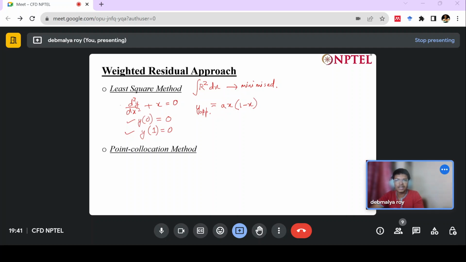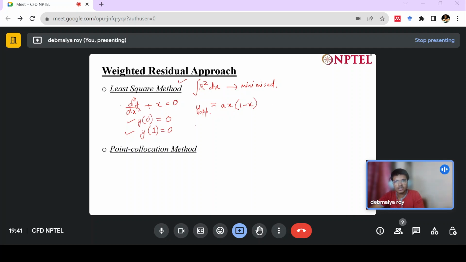And a is a parameter that we have to find out using this least square method that will give us the approximate solution we are searching for. This will not be accurate, but this will give us an approximation of the solution, and that's what we are looking for anyway. So this is y approximate.